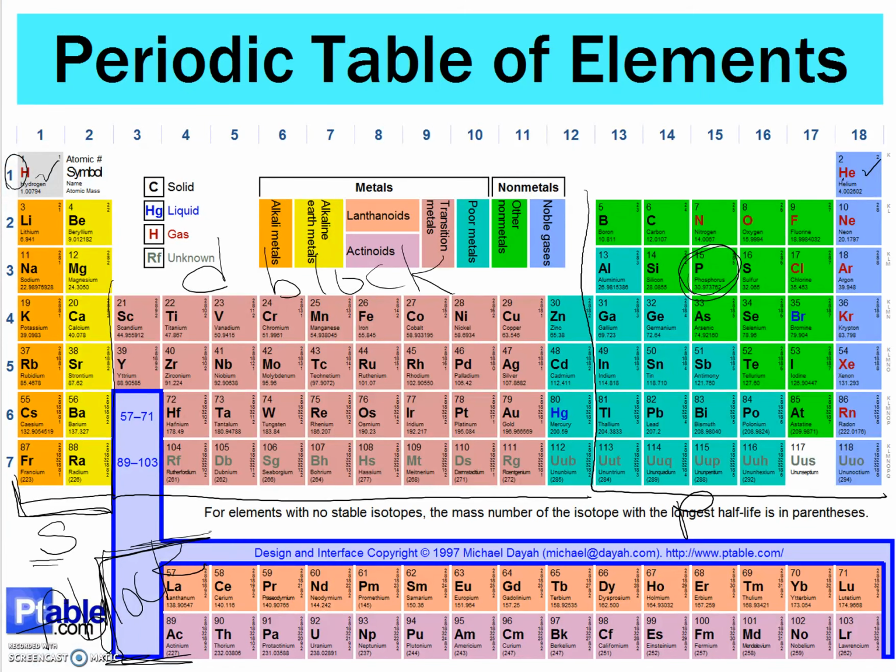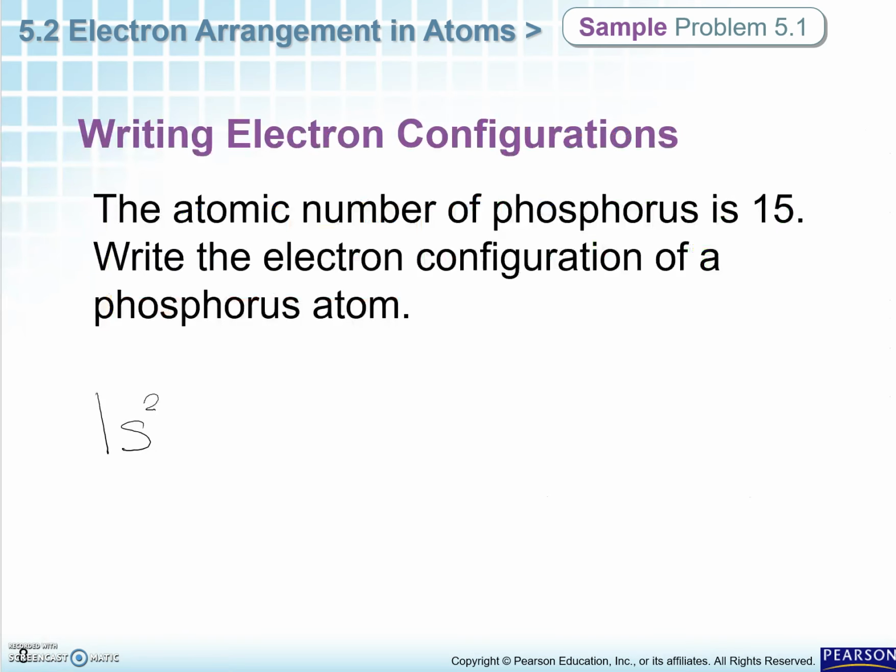Going back to our periodic table of elements, we're now going to go down 1 row. We're now in the 2s block. So do we completely fill this block? You better believe it, we haven't made it to our phosphorus yet. So we're going to add 2 more, and it is in our s block, so that must be 2s2.